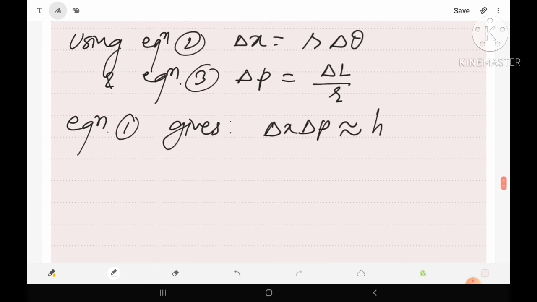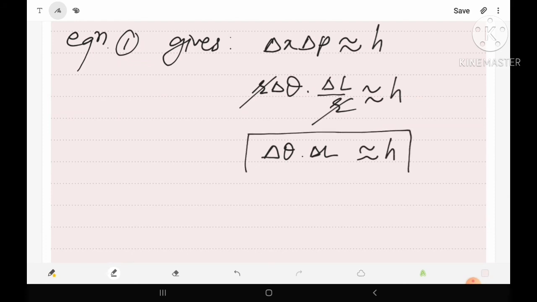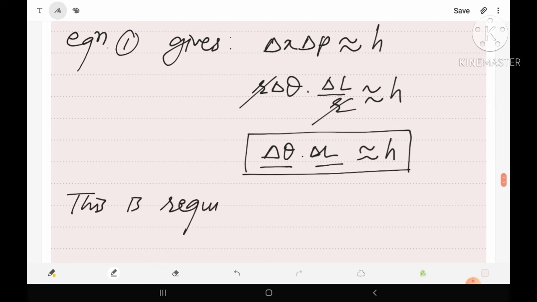Now let us substitute the values of del x and del P. Then we have r del theta into del L upon r is nearly equal to h. This r and this r will cancel out, and finally we have del theta into del L is nearly equal to h. This is the uncertainty relation in terms of theta, meaning angular displacement, and L, meaning angular momentum. So this is the required relation.